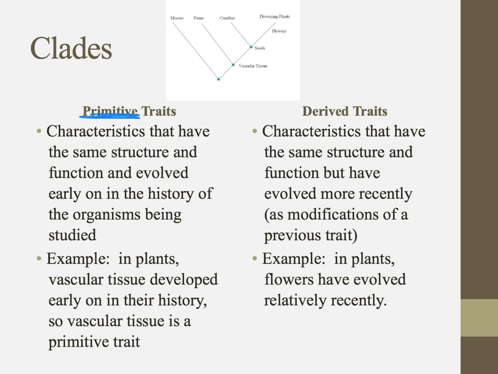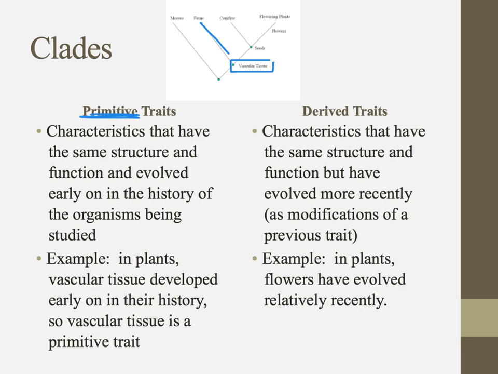Those are characteristics that are old, that evolved very early on in the history of that group of organisms being studied. So for example, in our groups of plants, vascular tissue evolved very early on, and so we consider that to be a primitive trait.